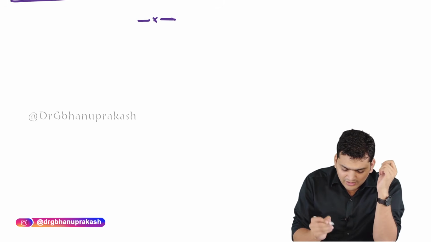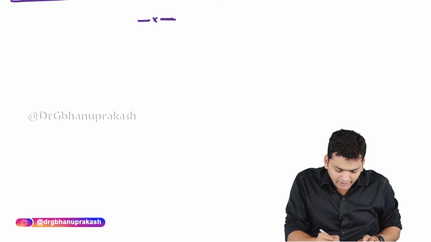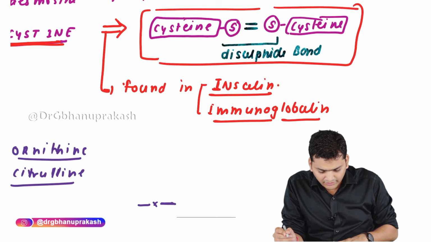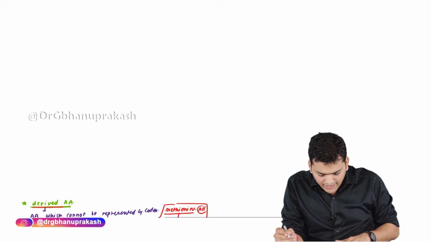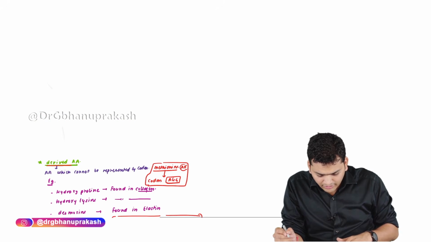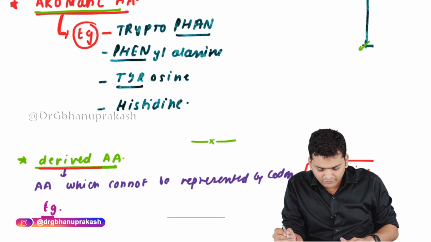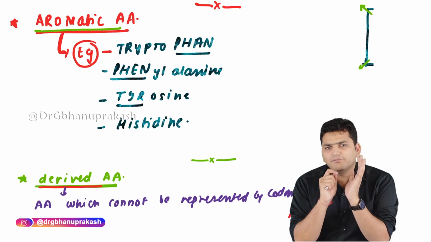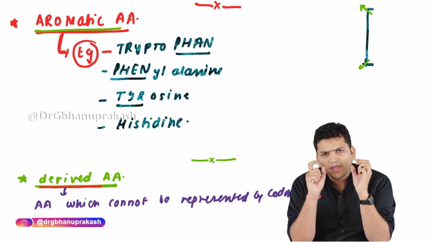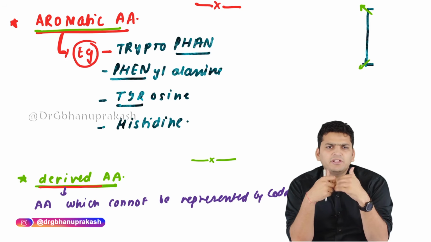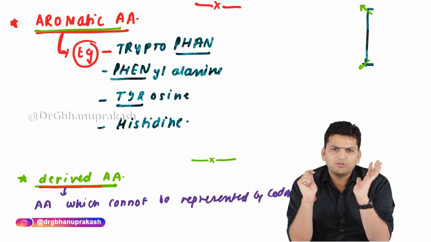One point I forgot to mention about the aromatic amino acids, that you can write in the aromatic amino acids. If I just scroll up the notes, we have written that in the aromatic amino acids there are 4 examples: tryptophan, phenylalanine, tyrosine and histidine. You can write one more point: aromatic amino acids have a tendency to absorb UV rays.